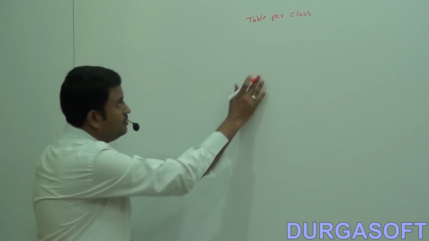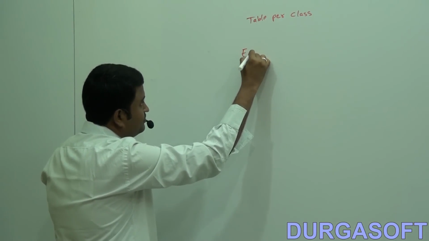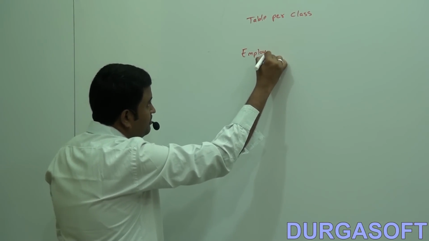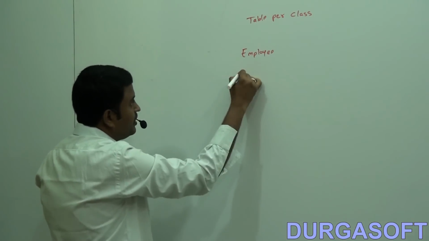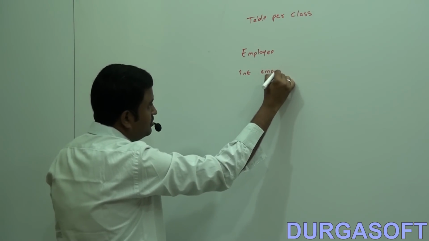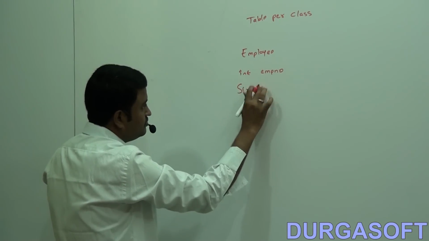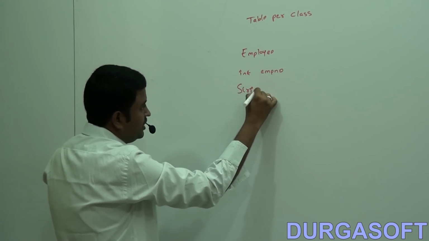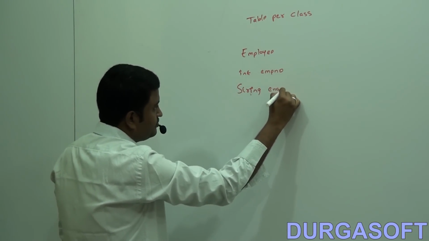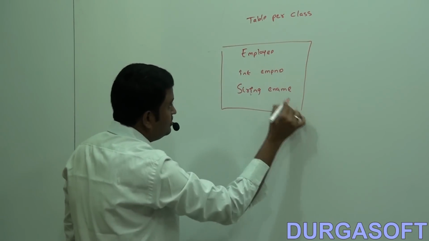For example, we have one persistent class, employee. This employee class has employee number and employee name. This is the parent class.